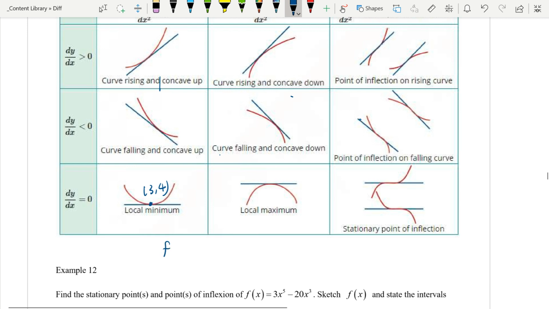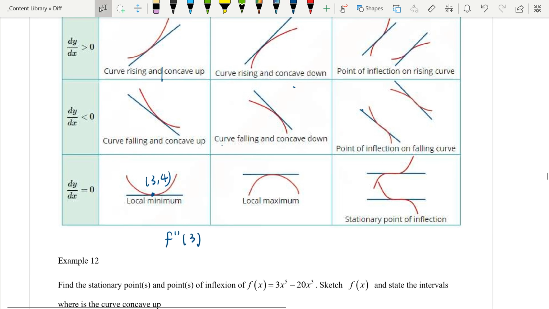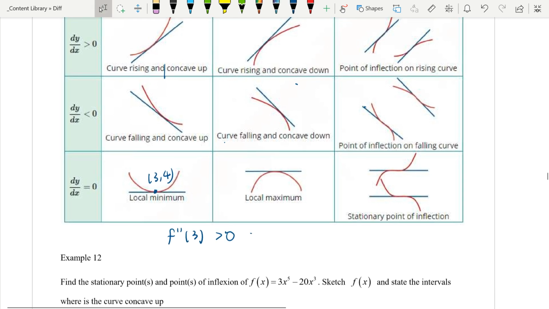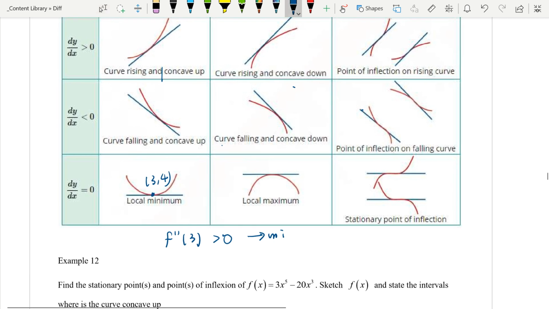I will sub this point into the second derivative. If second derivative is greater than 0, it will be a minimum point. Why? Second derivative greater than 0 is concave up.